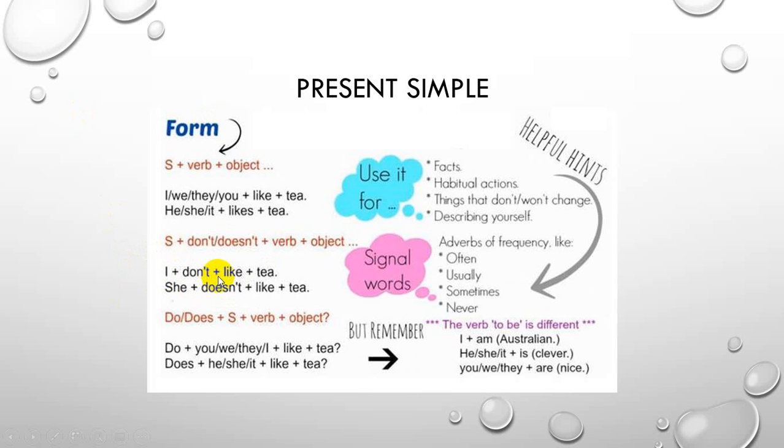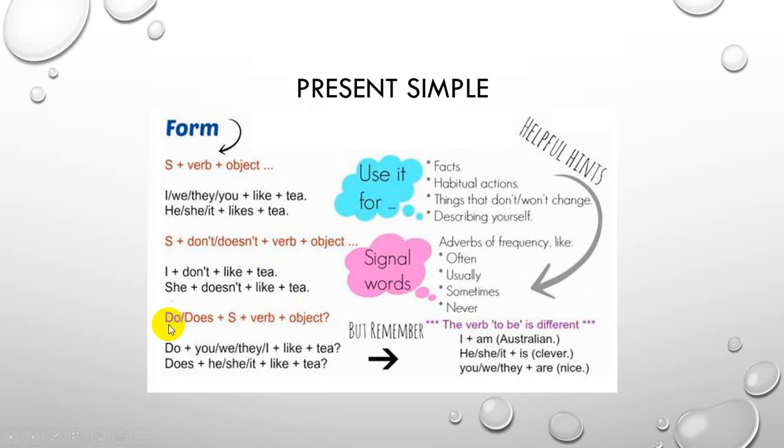I don't, and the verb is the base form with the complement. When we use the third person, she, he, it, we use the auxiliary doesn't. Okay? But the verb in this case is the same, and the complement is what you prefer.